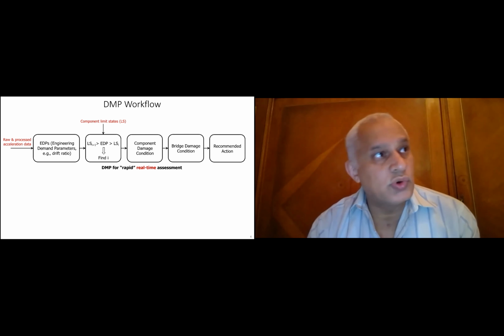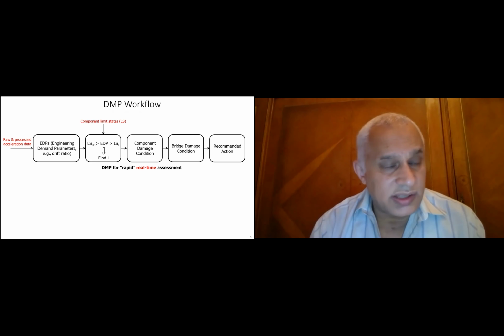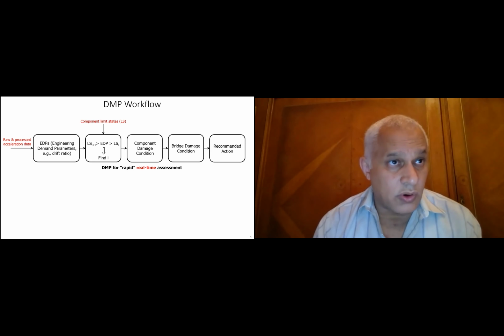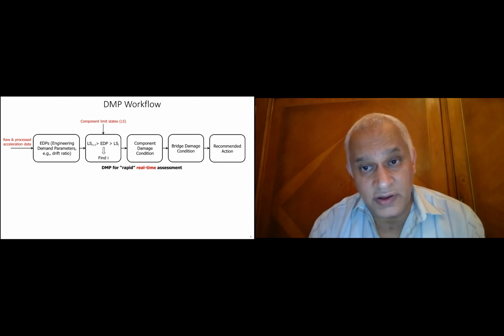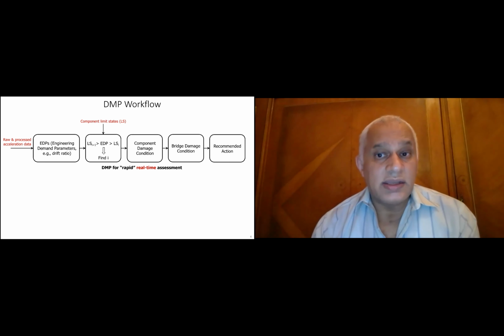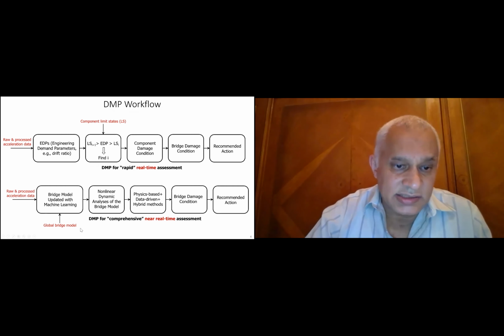Then we can do assessment of the component damage, which could be a column or the pile foundation. And based on the different component damage states, we can assess the bridge damage condition, and then we provide the recommended action.